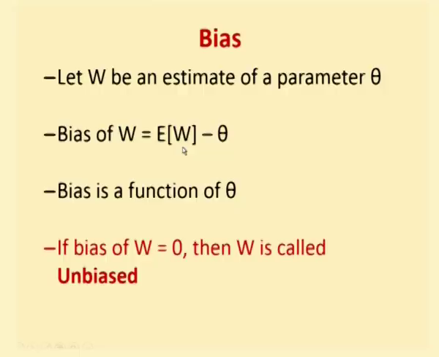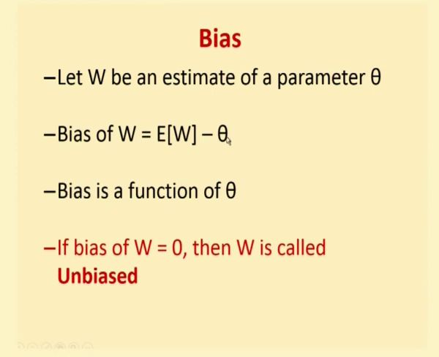This is a little surprising, because we do not know theta and we try to estimate it through an estimator, say W, and then we calculate a long run average, which we write as E of W. That E of W is calculable through samples, so mathematically it can be calculated. However, theta is still unknown.